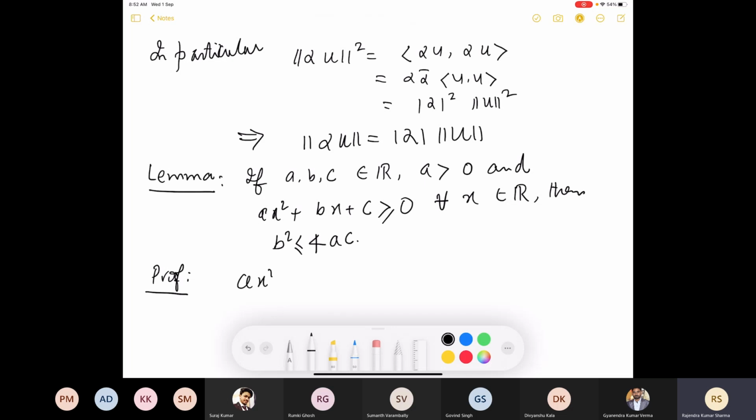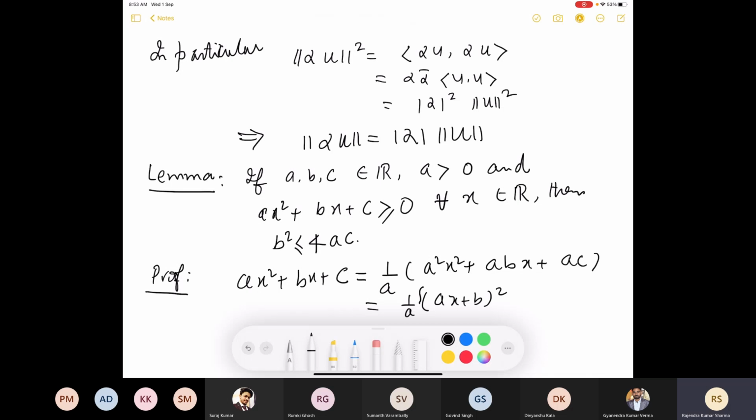So this a x square plus b x plus c, since a is positive, this can be written as 1 by a times a square x square plus a b x plus a c, and this a square x square plus a b x can be seen as a x plus b whole square.